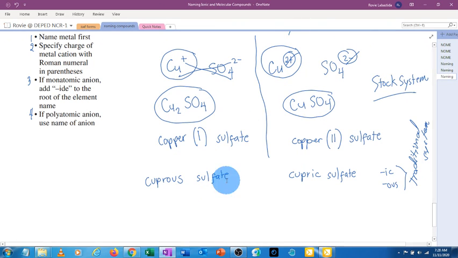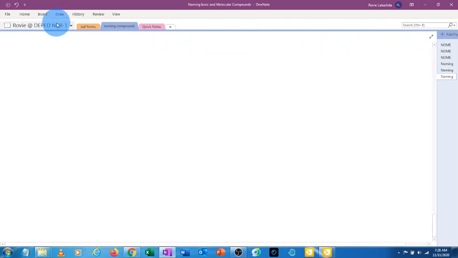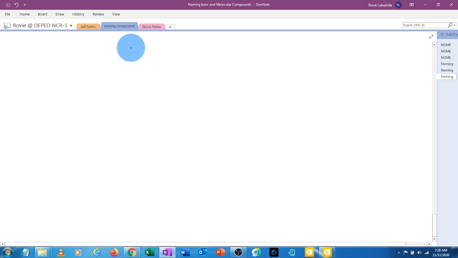Okay, so let me give you another example for the traditional system. Let me just erase. Okay, so let's do the traditional first and then let's proceed with the stock again. Alright, so let's have chromium.